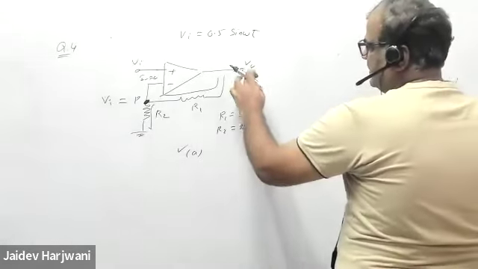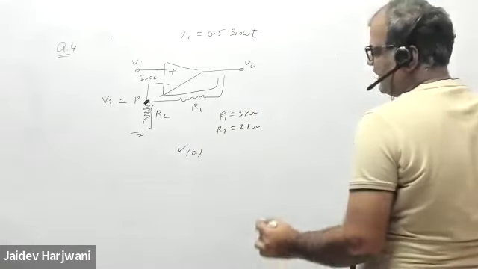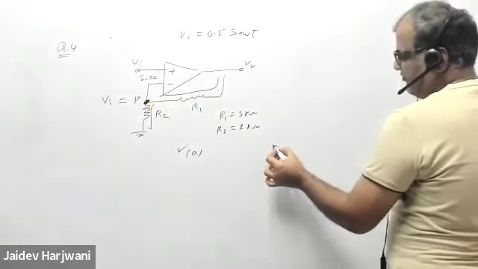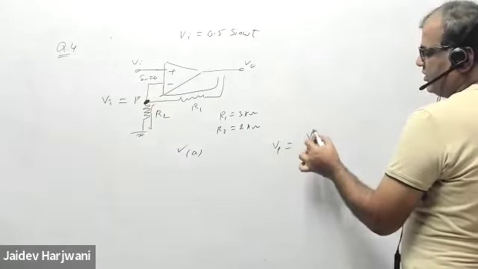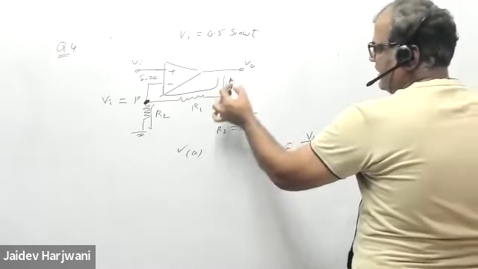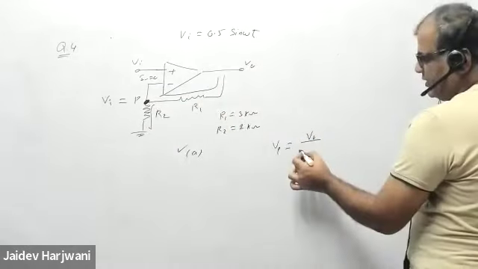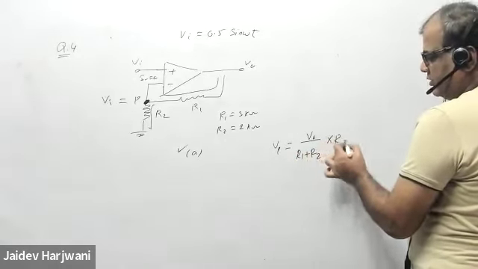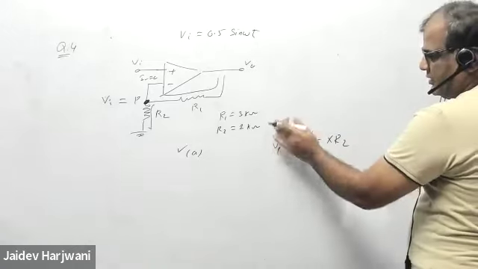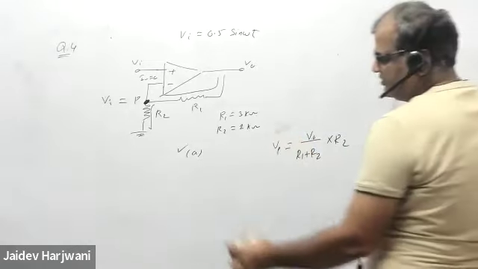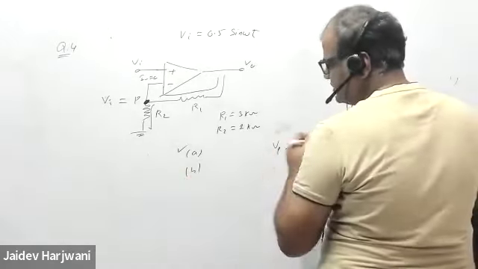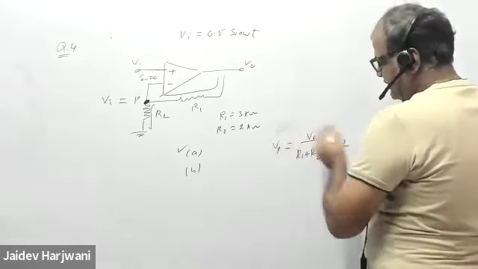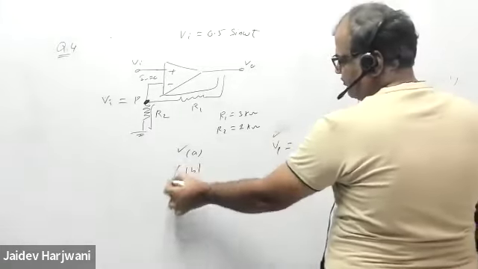In terms of R1 and R2, the voltage divides here, so VP will be V naught divided by the total resistance, R1 plus R2, into R2. This is the correct expression, and the VP given in the question is not this. So option B is wrong.